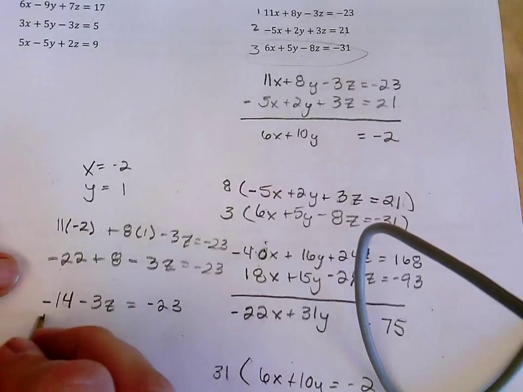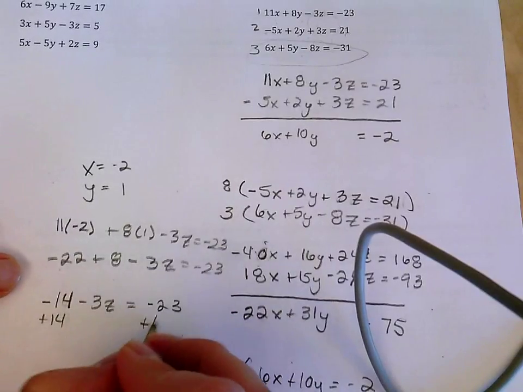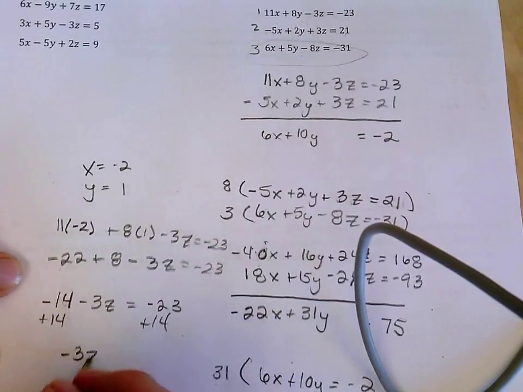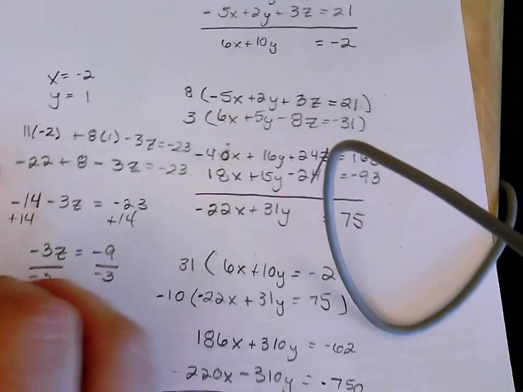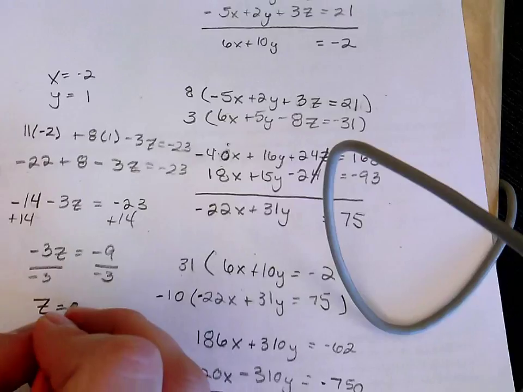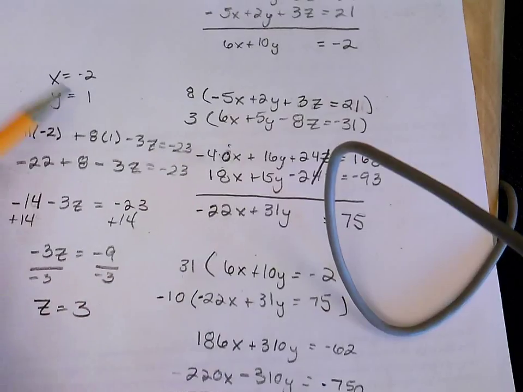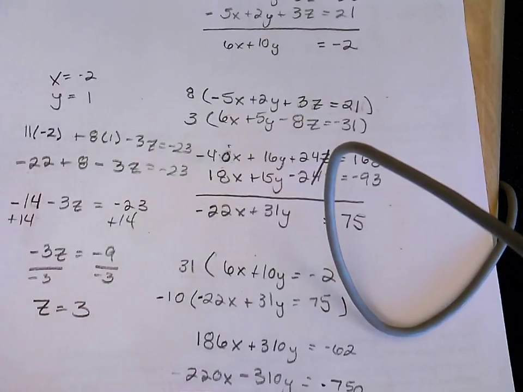Now all I gotta do is solve. So I add 14 to both sides. That gives me negative 3z equals negative 9. Finally, divide by negative 3 to get that z by itself. Z equals 3. So I have my x is negative 2, my y is 1, my z is 3. All right.